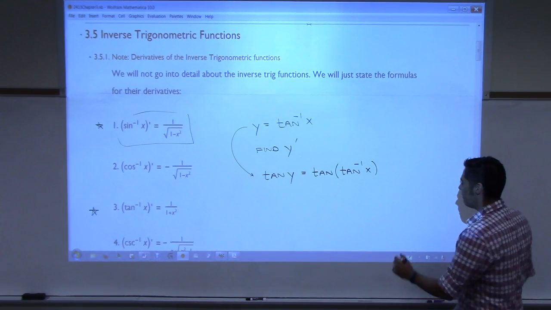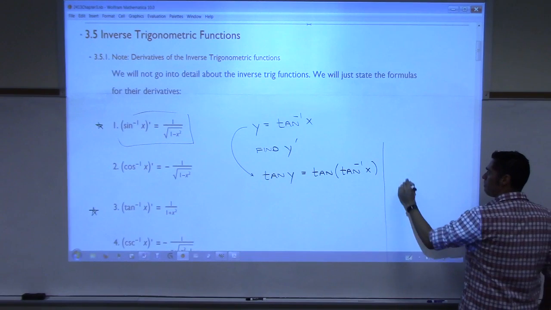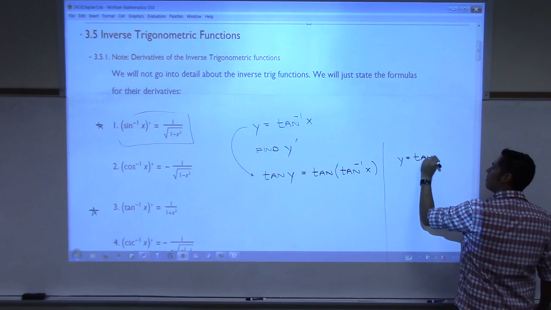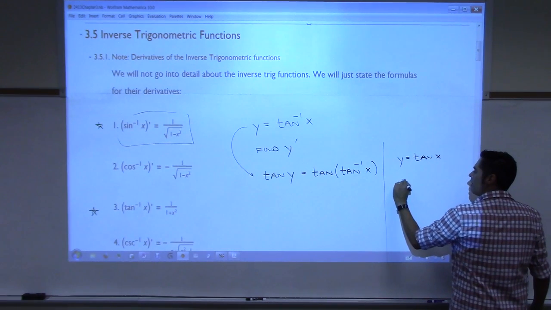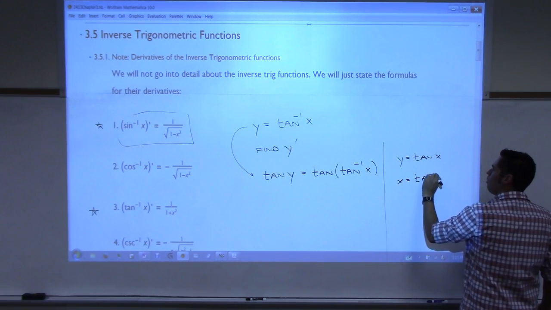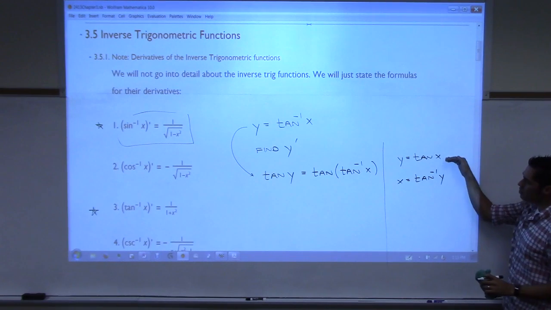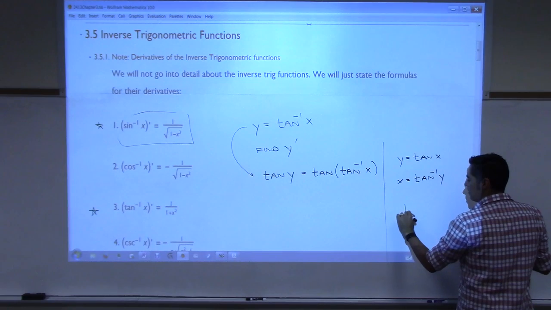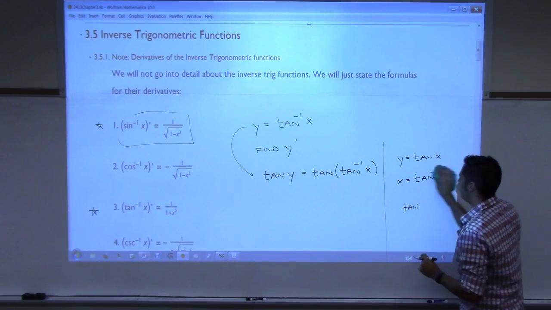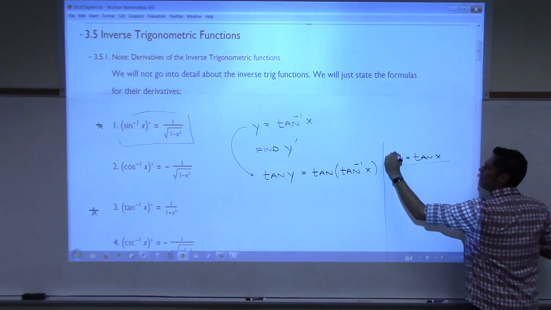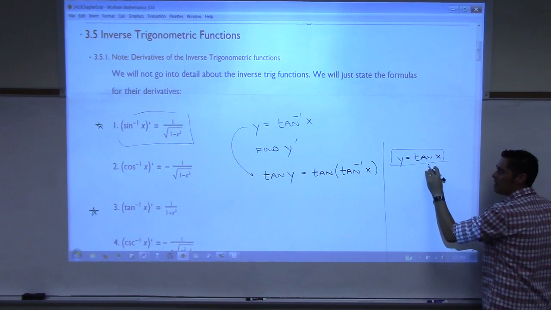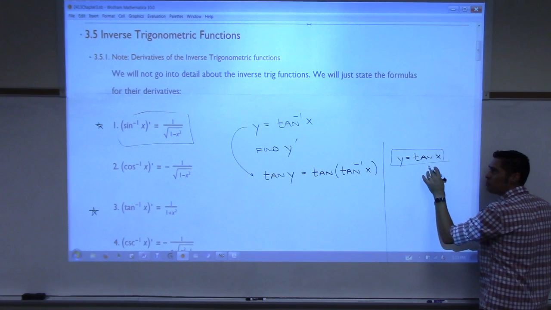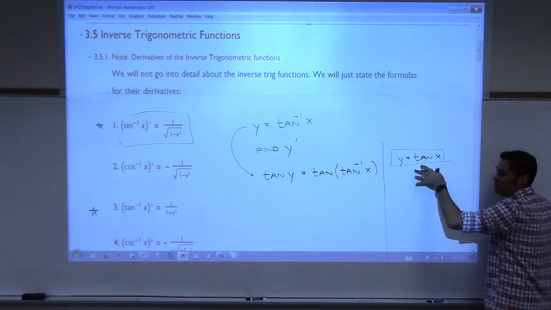It's this. If you have y equals, let's say, tangent x, that means that x is equal to arctangent of y. If you have a function and its inverse, then, let me say it this way. Let's say we have this right here, and let's say you've restricted it so that it has an inverse.